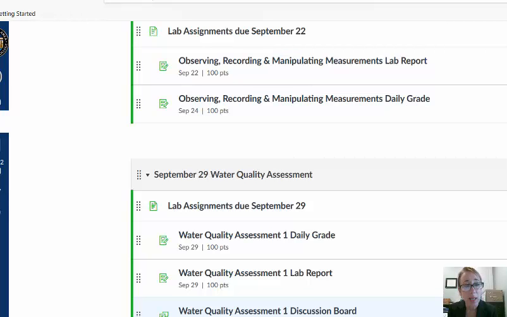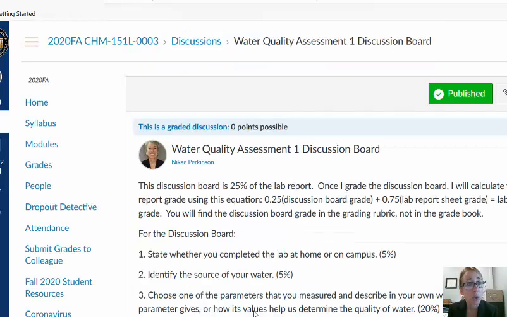Now you'll see here it says it has 0 points. I have to do that or else the gradebook can't take it. So when I calculate your lab report grade, what I'll do is I'll take your discussion board grade, multiply it by 25%, and add that to your lab report grade, which is the data that you put in the Google Doc, and multiply that by 0.75.